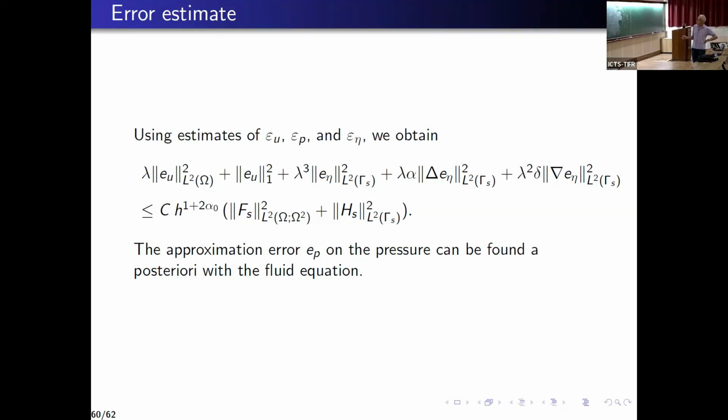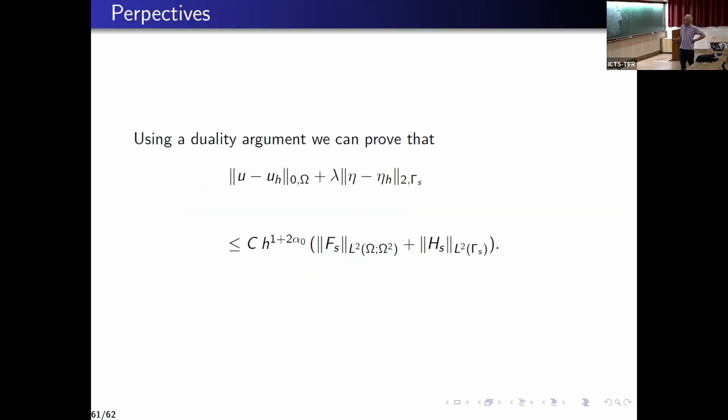So I have several estimates, and I have an estimate of order 1 plus 2 alpha naught. Alpha naught depends on the loss of regularity here at the junction between Dirichlet and Neumann. Okay, after that, the expression for the pressure can be obtained. We can also use the duality argument.